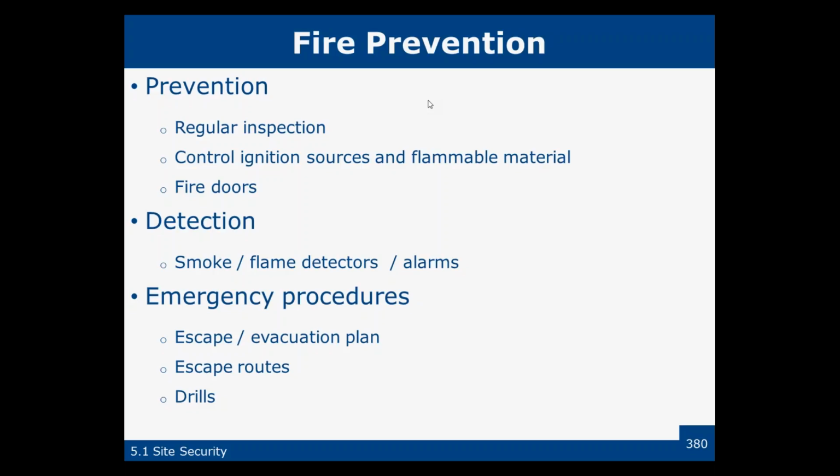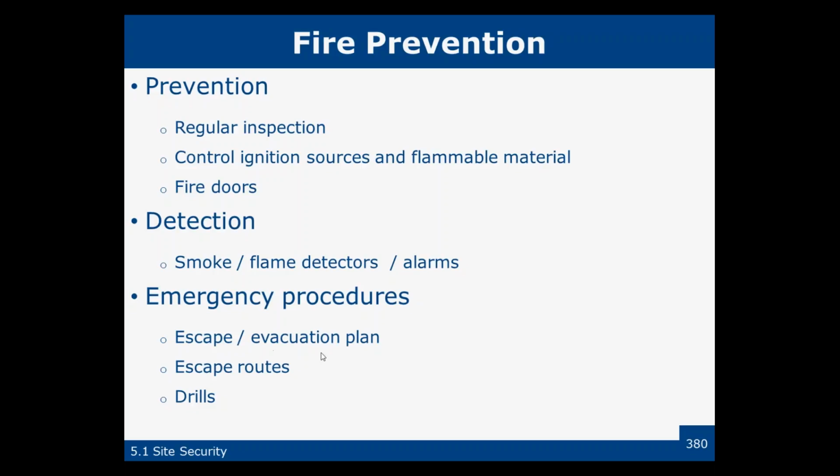Ionization smoke detectors, probably the ones like you and I have. It has a radioactive source that creates a movement of ionized particles, which can be disrupted by smoke. And then a heat detector, if the heat rises to a certain point or the rate of temperature increases, then they will alarm. And then a flame detector, which uses infrared sensors to detect flames. They're the most expensive, but they're also the most effective.